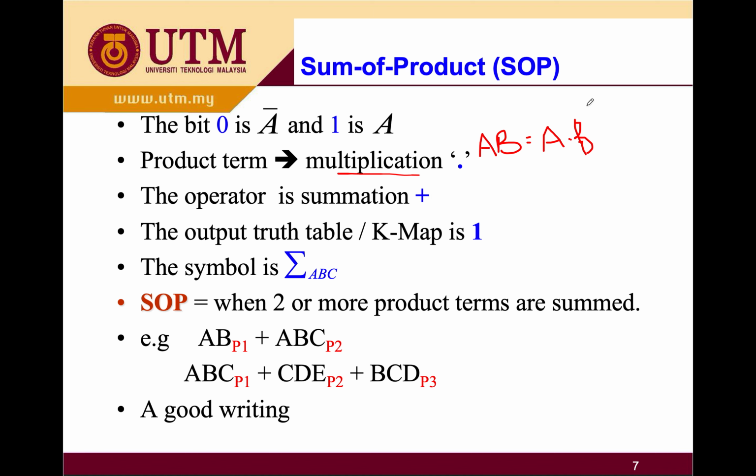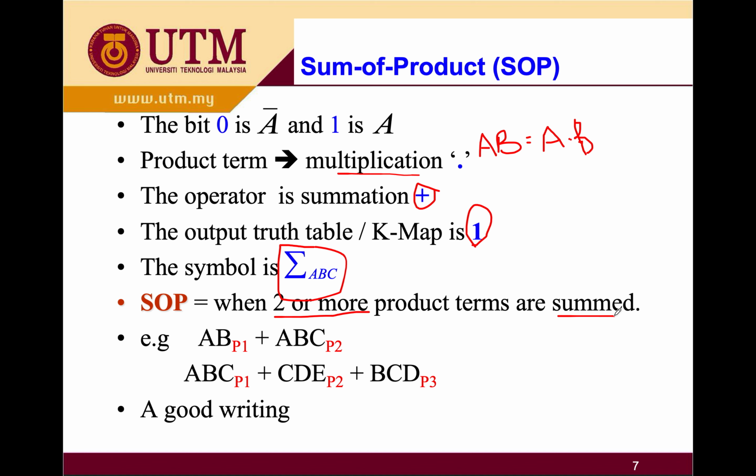summation, which is after you have a product, then you have another product, you will do the summation or adding, which is using this. You add all the products, then the output through the table that maps is 1. The symbol is like this one, so you need to remember sum of A, B, C, and then also P, when two or more product terms are summed.